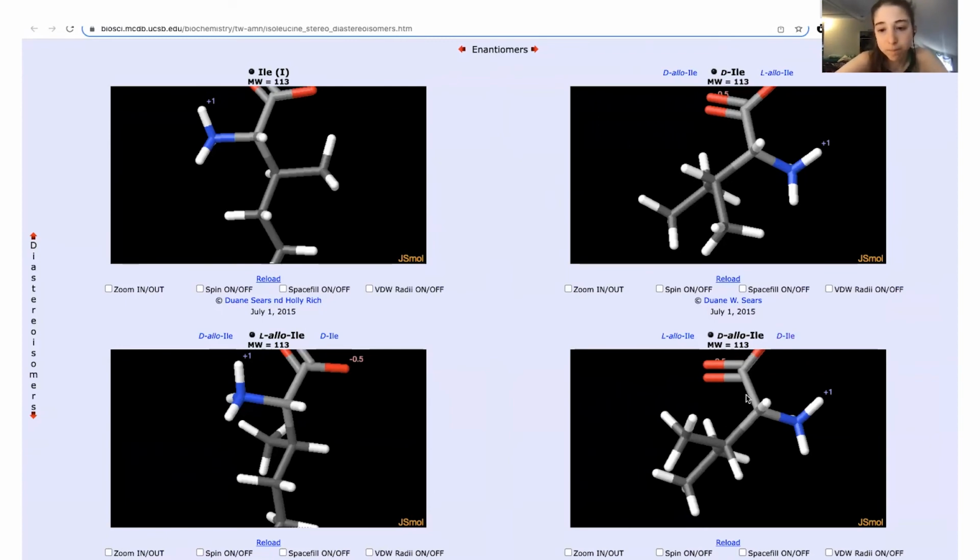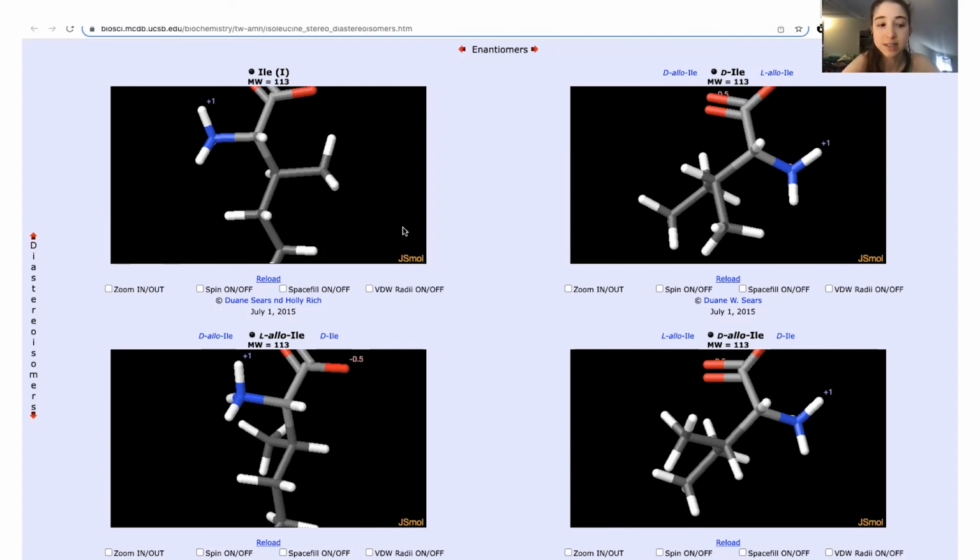And I found the site where you can actually view the different ones. And so the enantiomers, that's where you have non-superimposable mirror images. So they're mirror images, like your left and your right hand. Where you have a diastereomer, this can happen if you have multiple chiral centers. And since we have two chiral centers, if one is one way and the other is the other way, then you're not going to have a mirror image.